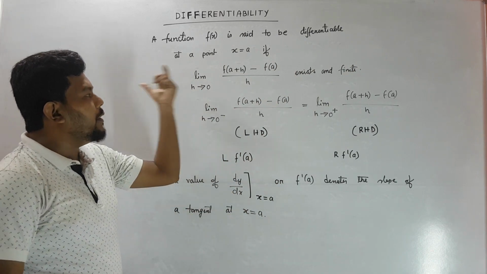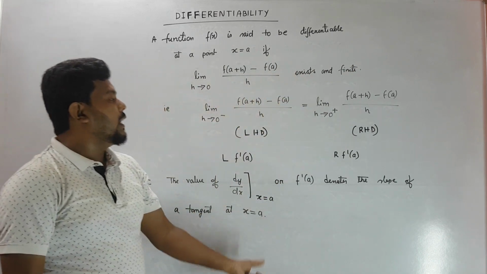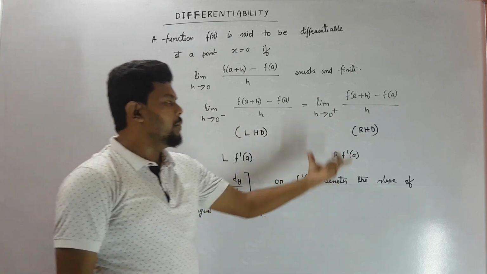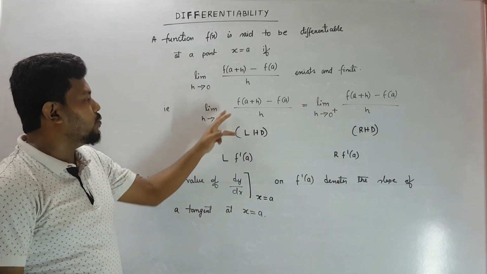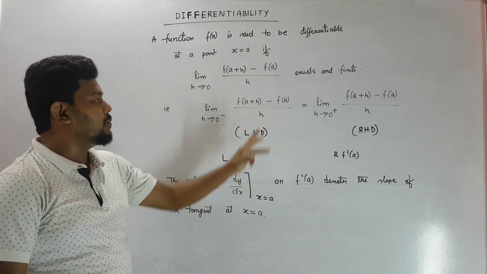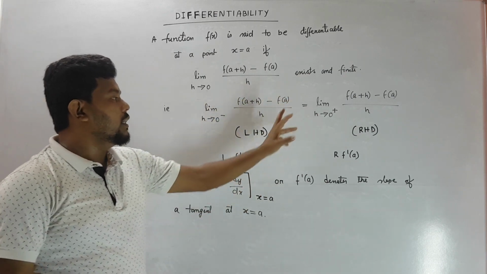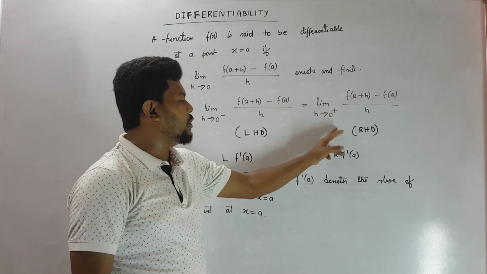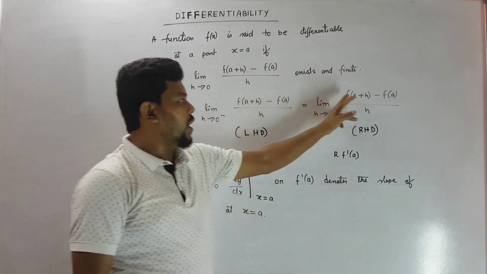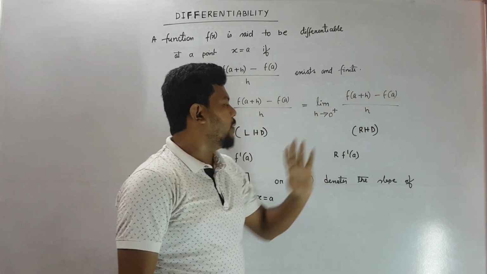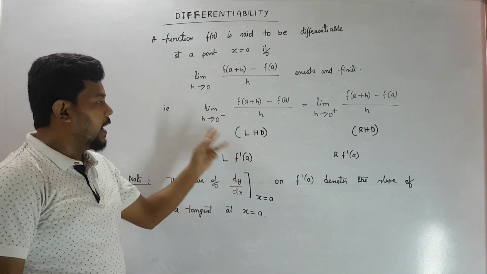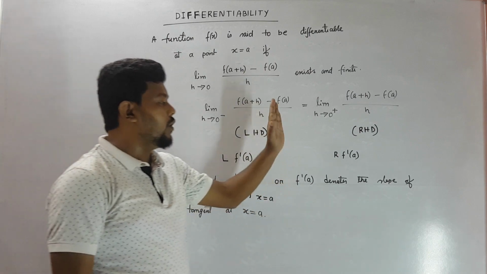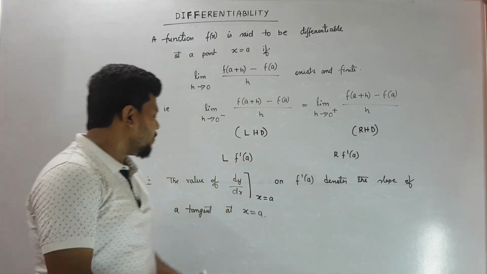Now, when the limit exists, we say the left hand limit and right hand limit are equal. So, we have written limit h tends to 0 minus f of a plus h minus f of a by h is equal to limit h tends to 0 plus f of a plus h minus f of a by h. This is called left hand derivative or Lf'(a) at the point x equal to a, and this is called Rf'(a).